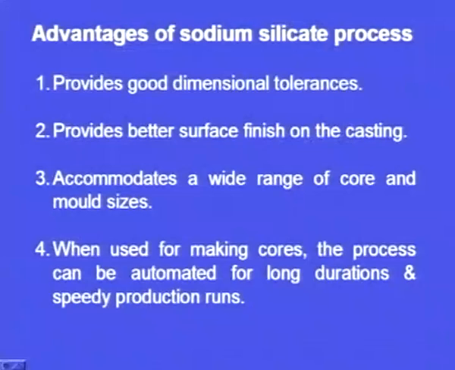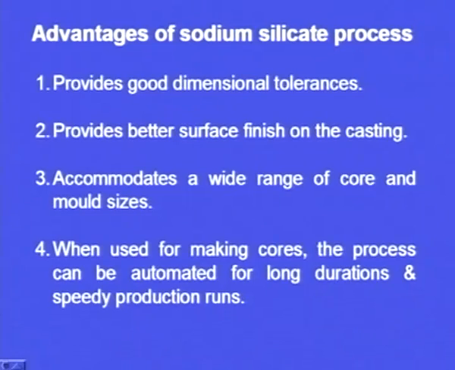Another advantage of the sodium silicate moulding process is that it provides better surface finish to the casting. Again, this is a good benefit in this process. In the conventional green sand moulding process, the surface finish is not good.